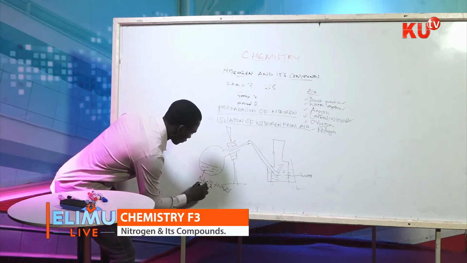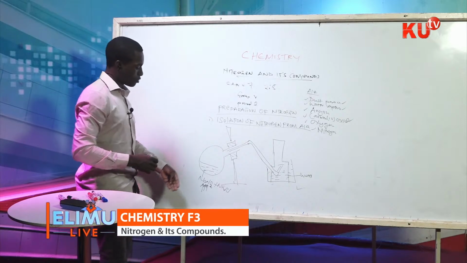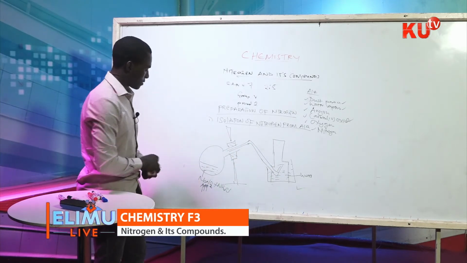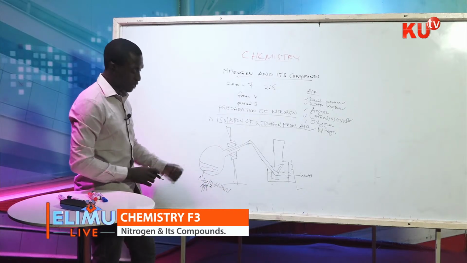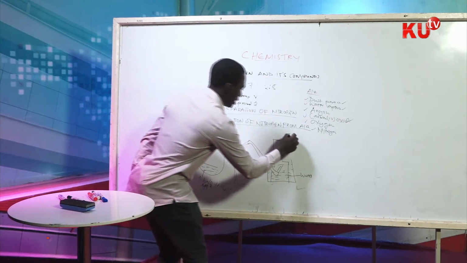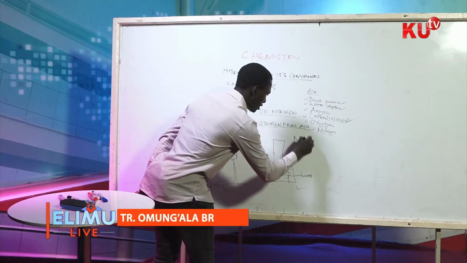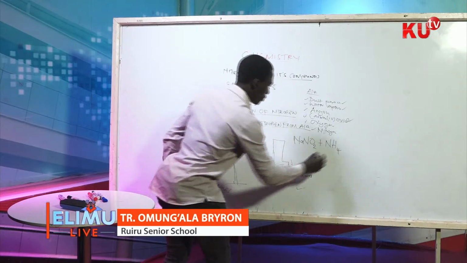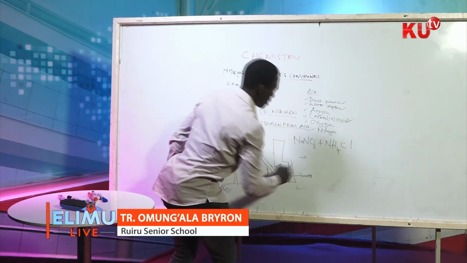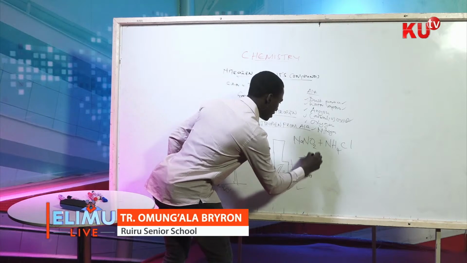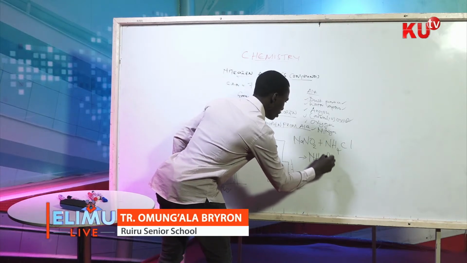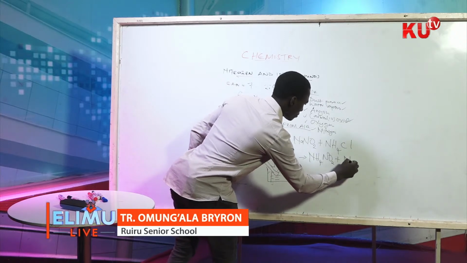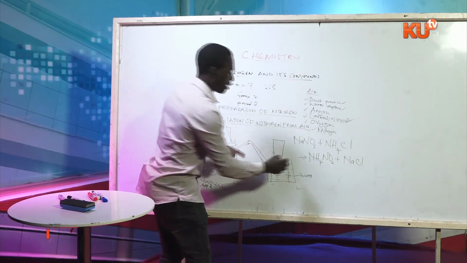Now, also here, we have a source of heat to decompose the product formed here so that we can obtain our nitrogen gas. Now, when sodium nitrite reacts with ammonium chloride, this is the equation. Sodium nitrite reacting with ammonium chloride, what do we obtain? We obtain ammonium nitrite and sodium chloride.